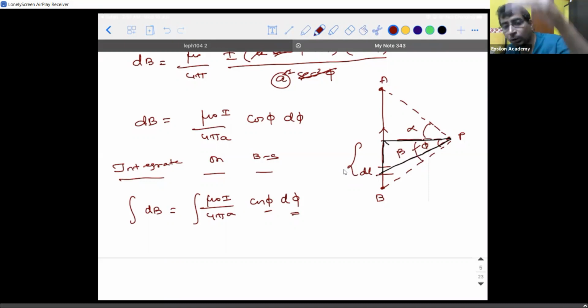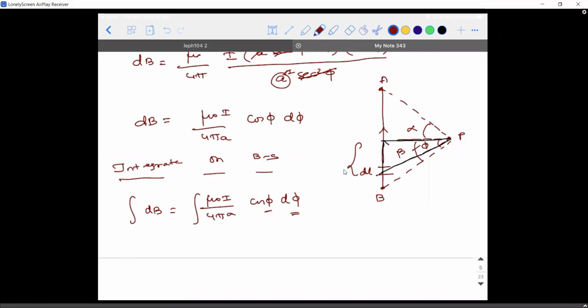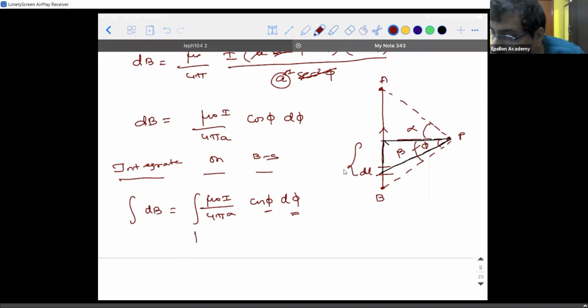So what is the lowermost angle that is possible, guys? What is the angle in the lowermost direction that is possible? Beta, sir. So it is beta. Similarly, this is going to be alpha. Am I clear?